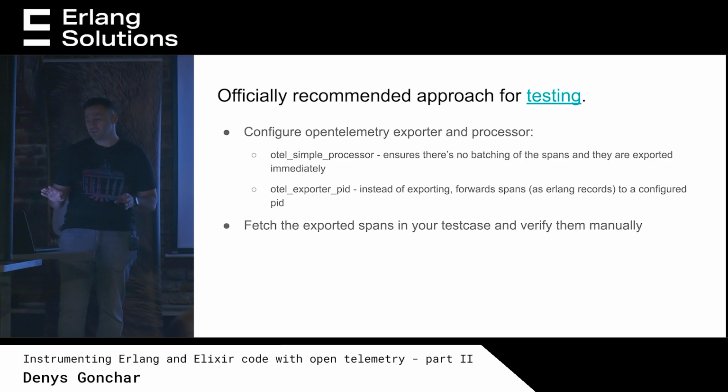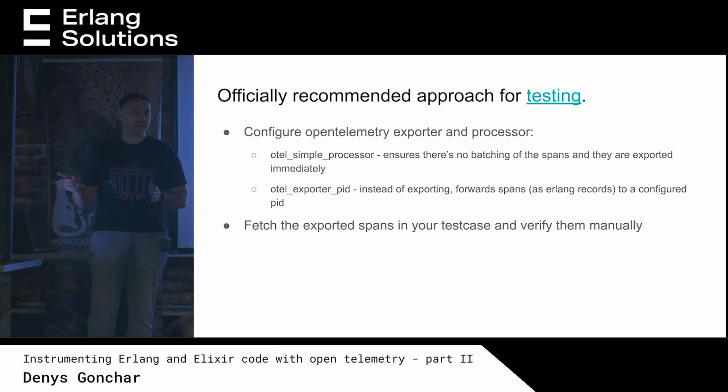So exporters normally support various standards that you can use, because you can have the OpenTelemetry standard communicating to some external backend, but you can also use some exporters that implement native standards for third-party solutions. And this exact exporter is called exporter PID.